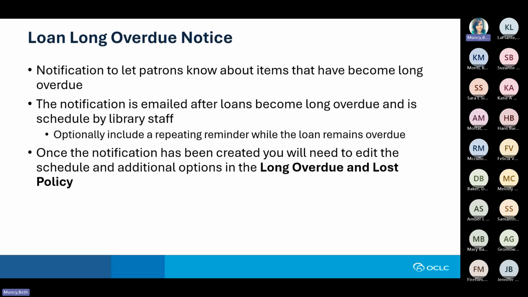And of course, you have a variety of policies for those, whether it's for reserves or equipment or just general items in your collection. You can also repeat this reminder so that folks will get that and remember, hey, I still have this out, I'm being charged, and I can return it. And this is attached to the long overdue loss policy.